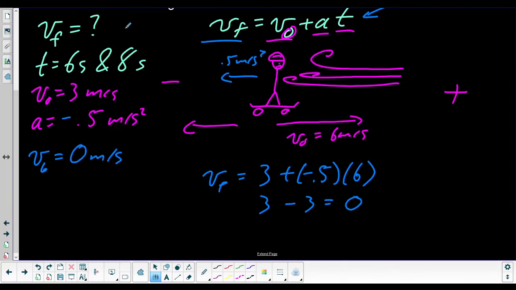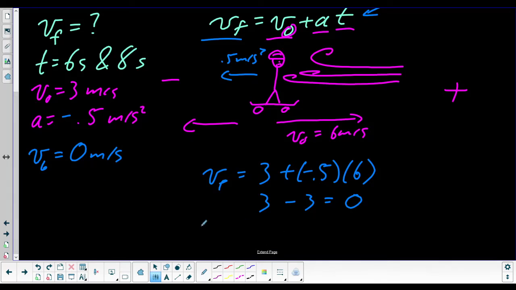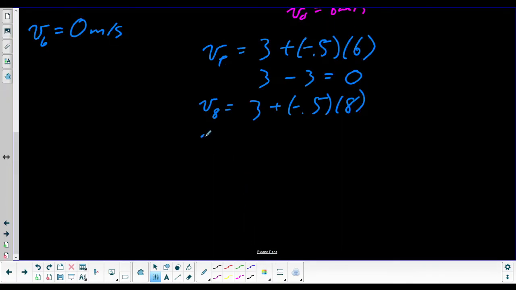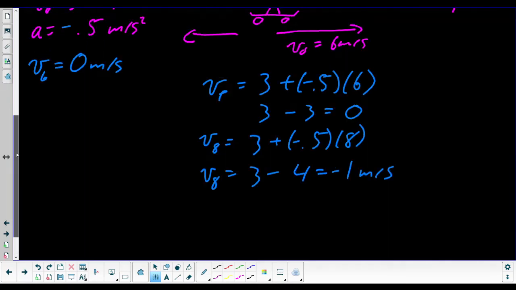All right, let's do 8 seconds. V8, or V final, equals 3 initial meters per second plus negative 0.5 times 8. So after 8 seconds, we're going to be going 3 minus 4. We're going to be going negative 1 meters per second.